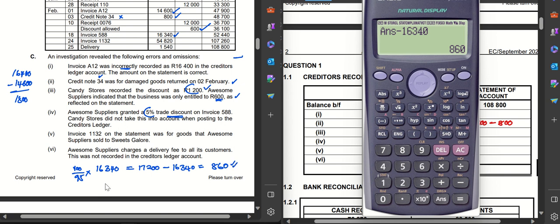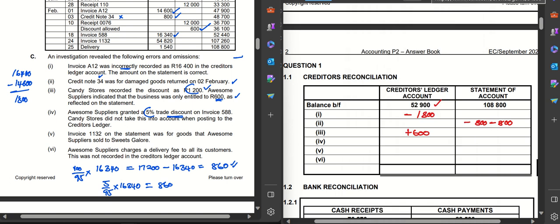Someone would have simply said 5 over 95 multiplied by 16,340. It would still have given you 860. That is the discount that we did not record. So we need to record that discount of 860. So that means we come here, then we're going to say minus 860. That is the discount that we must record, minus 860.